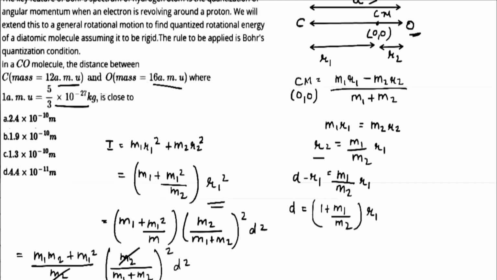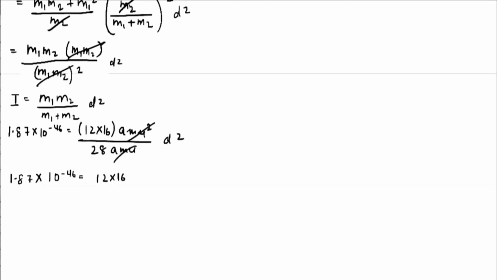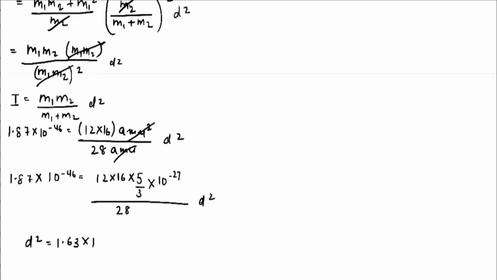The value of AMU is 5 upon 3 into 10 to the power minus 27. So we can write this as 5 upon 3 into 10 to the power minus 27 upon 28 D square, right? Now after solving this whole term, we will get D square is equal to 1.63 into 10 to the power minus 19.